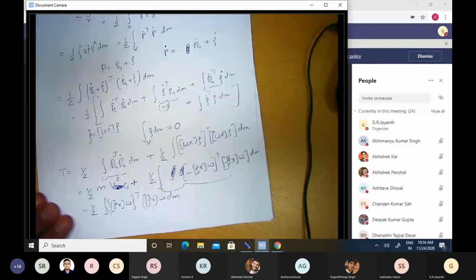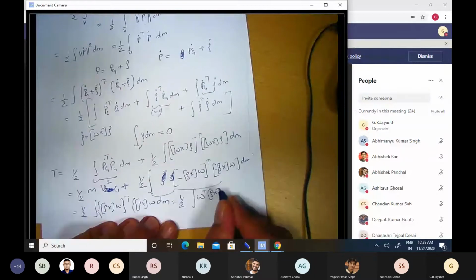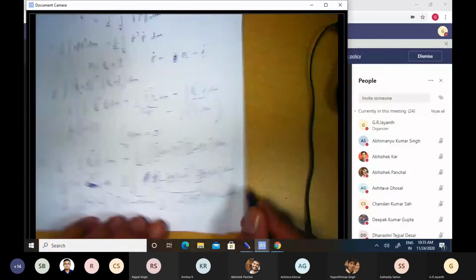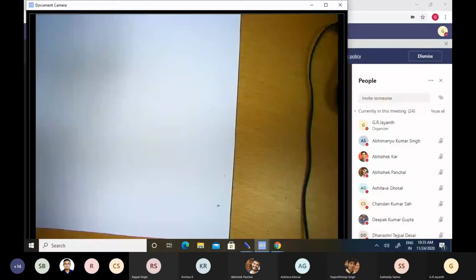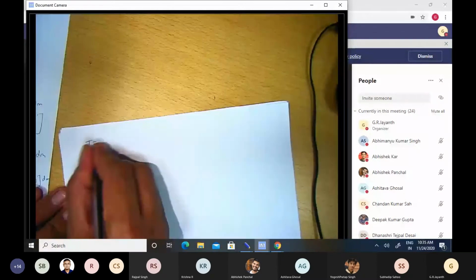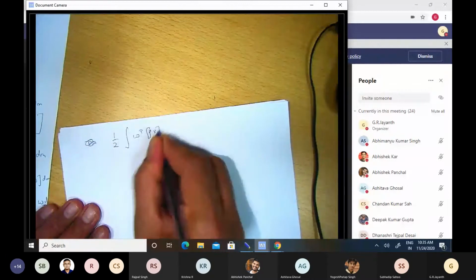So this is equal to half integral omega transpose rho cross transpose, then rho cross omega dm. I'll write this on the next page. So the kinetic energy associated with rotation alone is half of the same expression, omega transpose rho cross transpose rho cross omega dm.